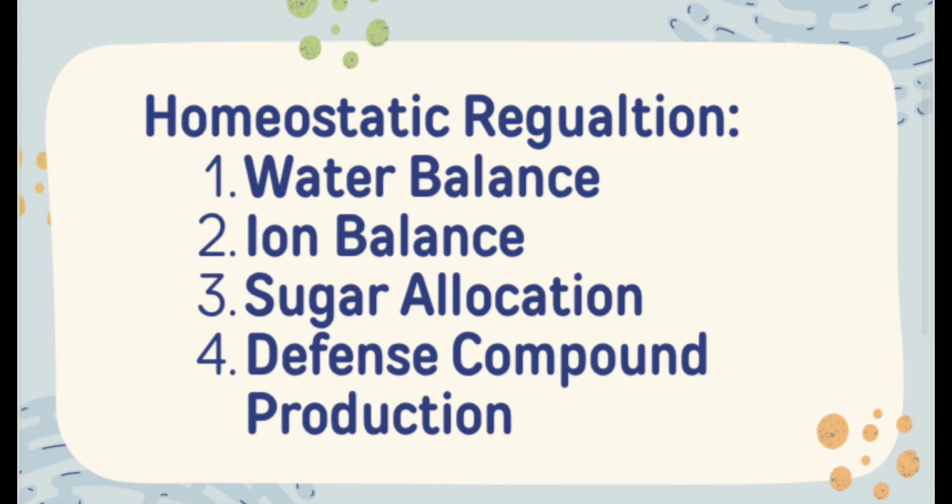The third is sugar allocation. Plants distribute sugars between sources, or leaves, and sinks, or roots and fruits. The fourth is defense compound production. Plants produce chemical defenses against pathogens and herbivores.